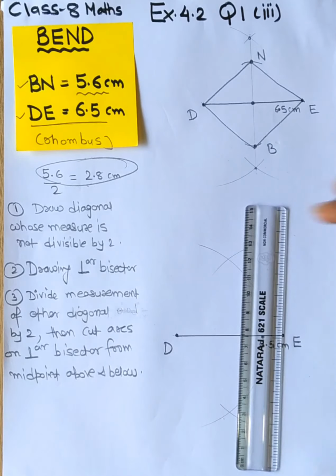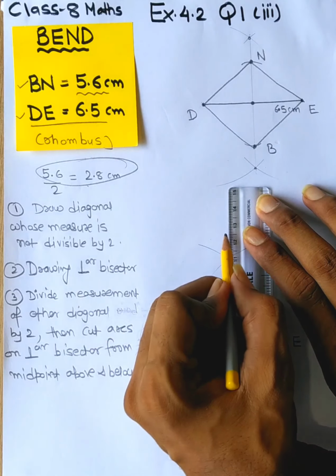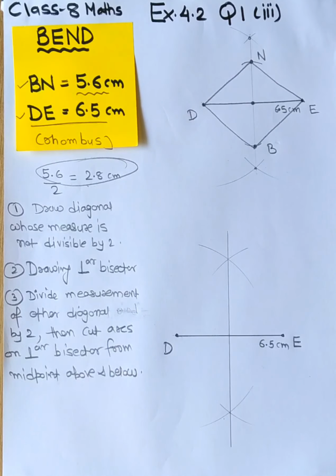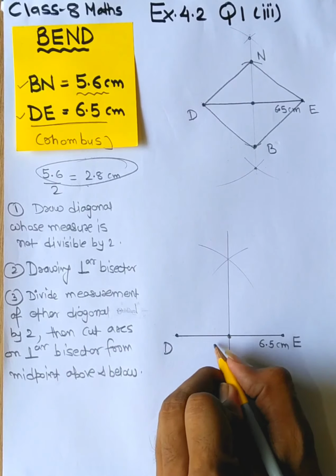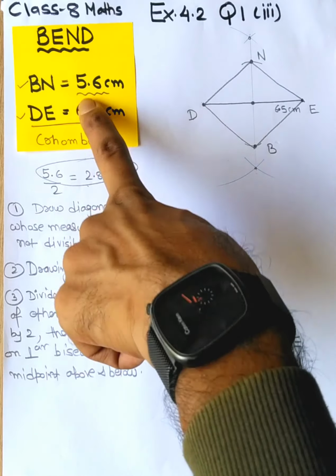And if I draw a line, make sure that you are drawing the line a little bit light. Okay, now I have got the midpoint. Let us name it as M. Okay, now I will divide the measurement of the other diagonal by 2.